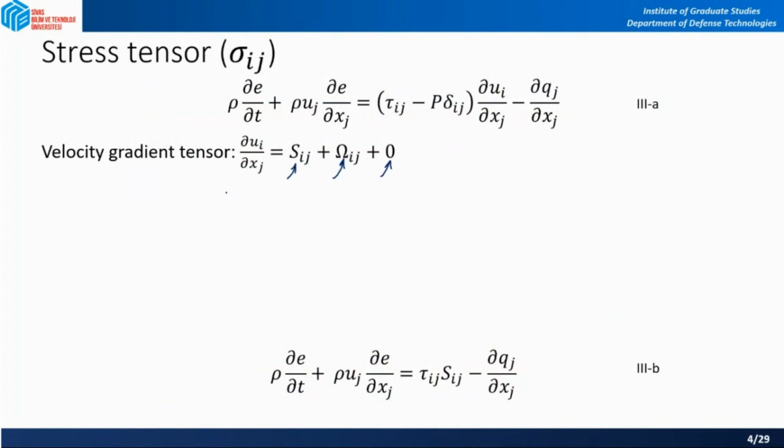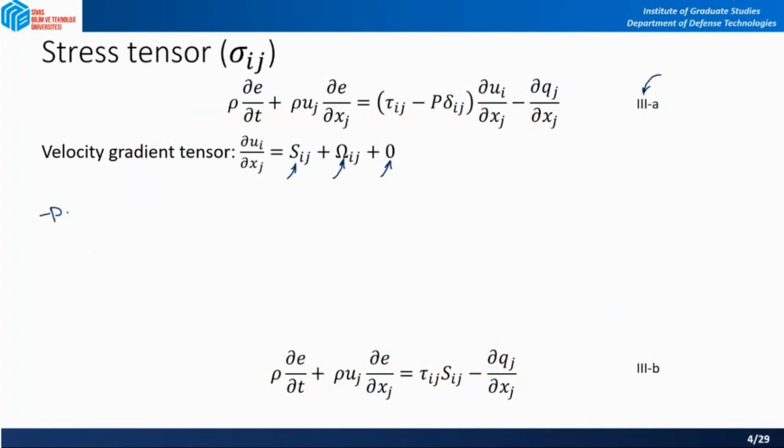So the right hand side of equation 3a, I can write as minus p dui/dxi plus tau ij Sij plus tau ij omega ij minus dqj/dxj.